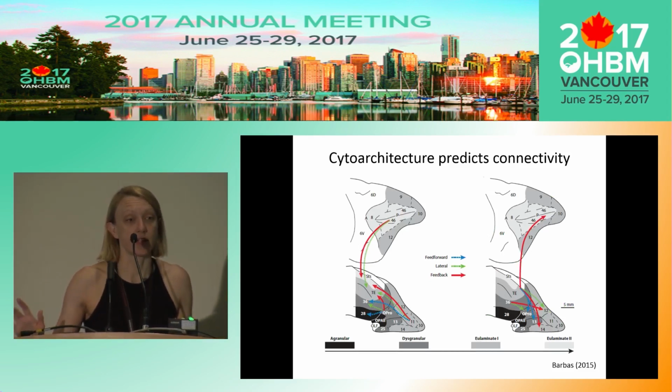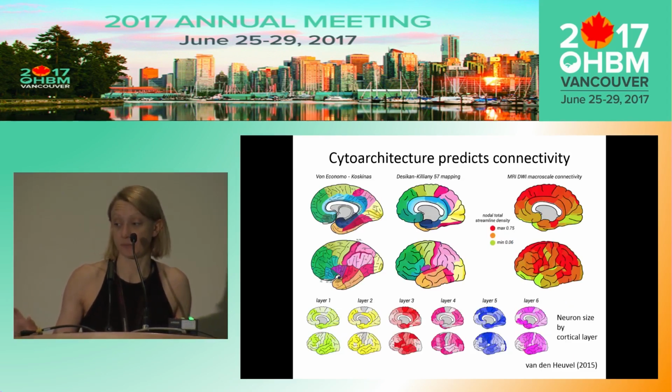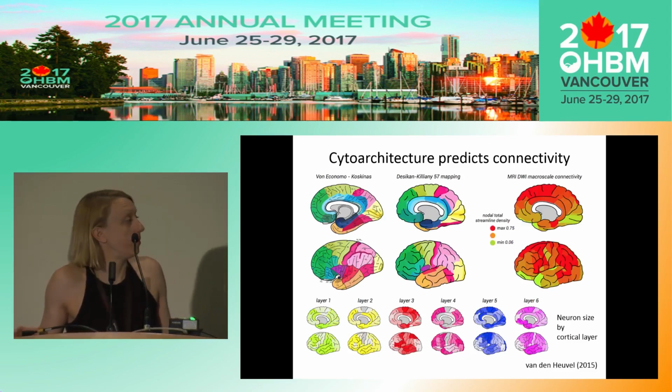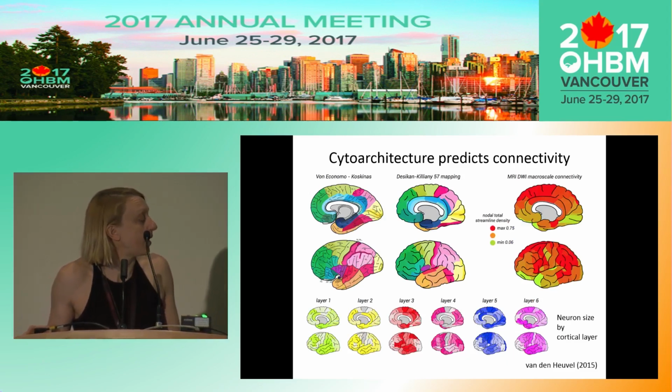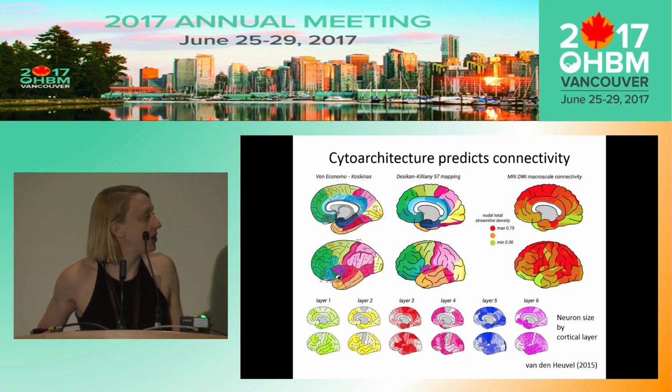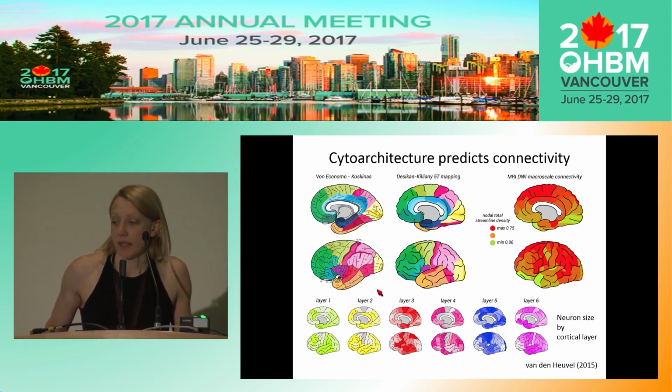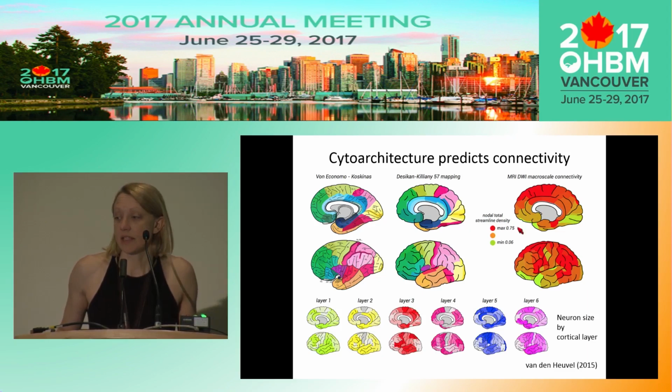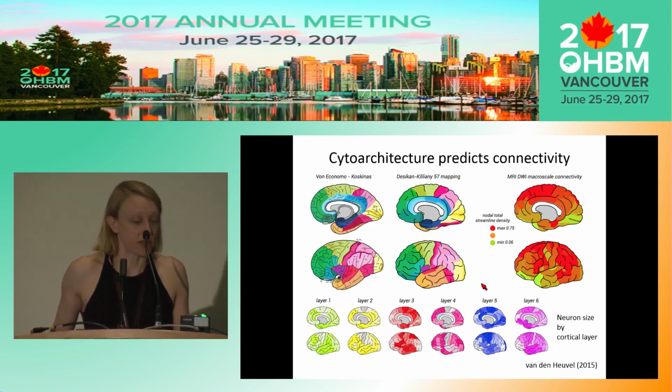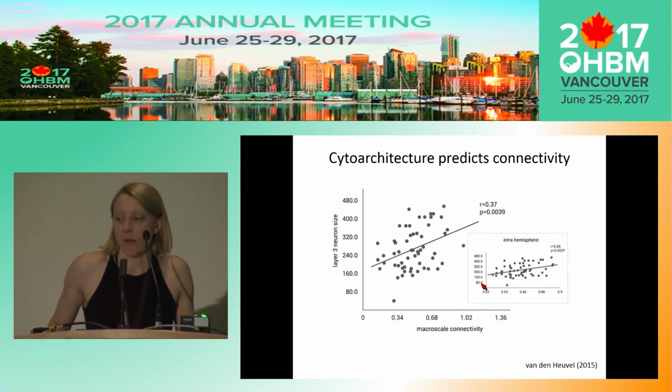So cytoarchitecture predicts connectivity. This has also been shown more recently. This is some really beautiful work. Martin van den Heuvel is the first author on this paper. So this is looking at cytoarchitectonic areas, areas delineated by neuron size, and it's looking at macroscale connectivity as measured by diffusion imaging.